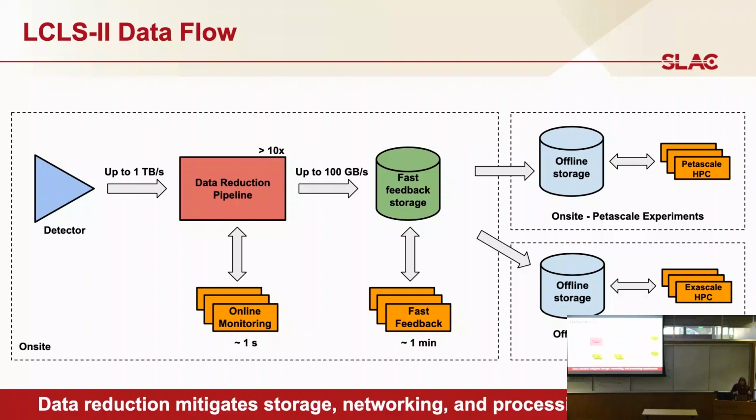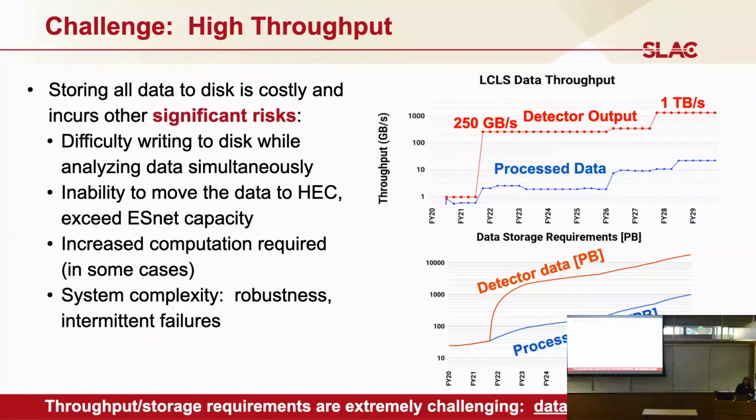The key is we use the data reduction so we can fit into these pipes, so we can write to disk, and so we can stream the data across ESNet, so we can fit it into that bandwidth so we can get to NERSC. That's the deal. Those are our bottlenecks: writing to disk and ESNet. Those are our pressure points. So again, to reiterate, what to me are fairly scary numbers, your mileage may vary.